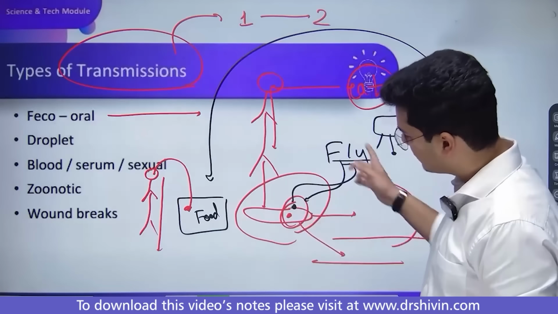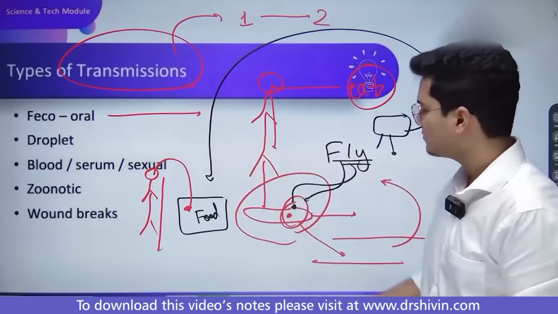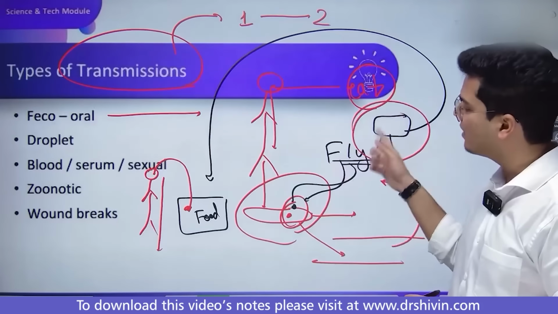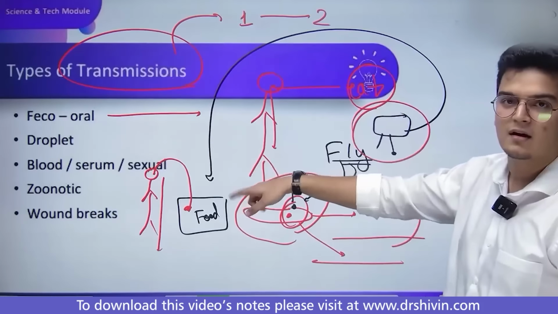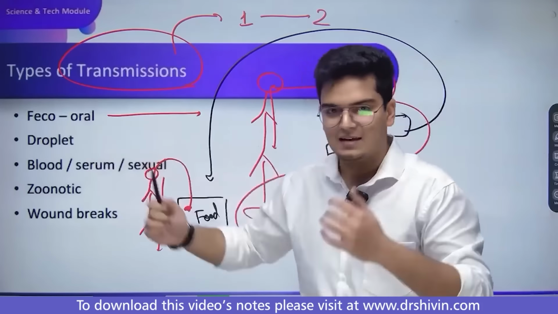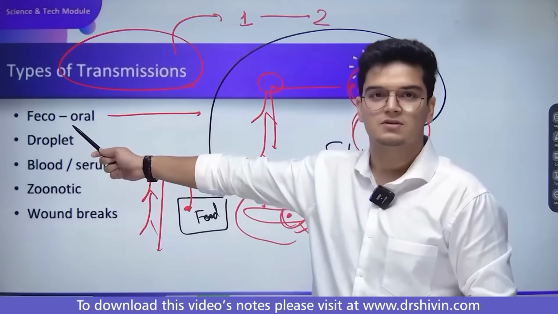So this bacteria then came into the body. So this is feco-oral transmission. The housefly here is a perfect example of a vector. It is carrying the bacteria, but it is not itself causing the disease. So whichever disease is in the intestine, causing diarrhea, will have this transmission.